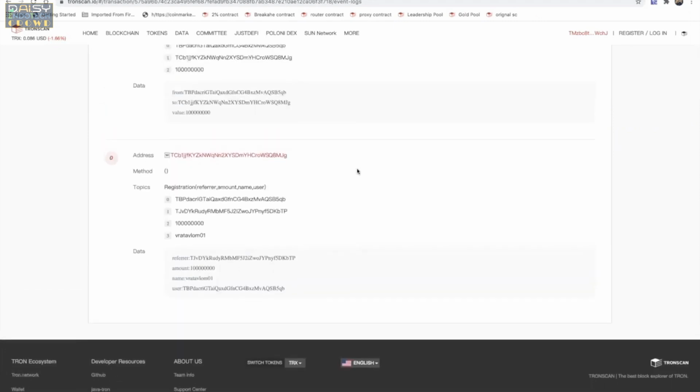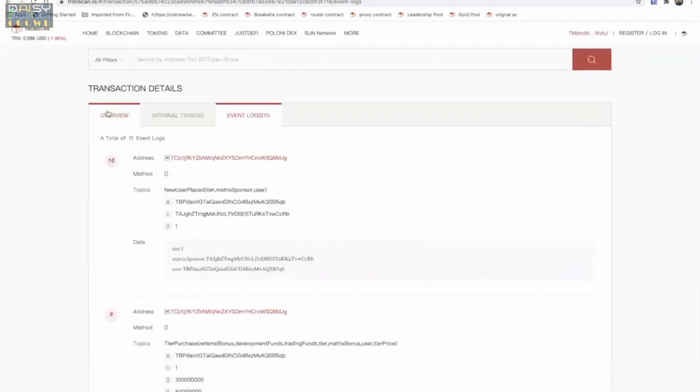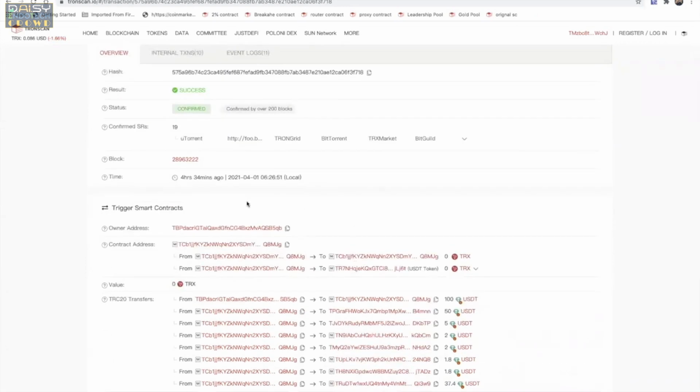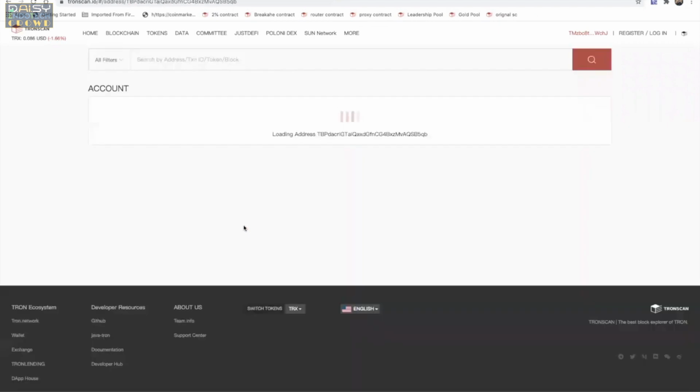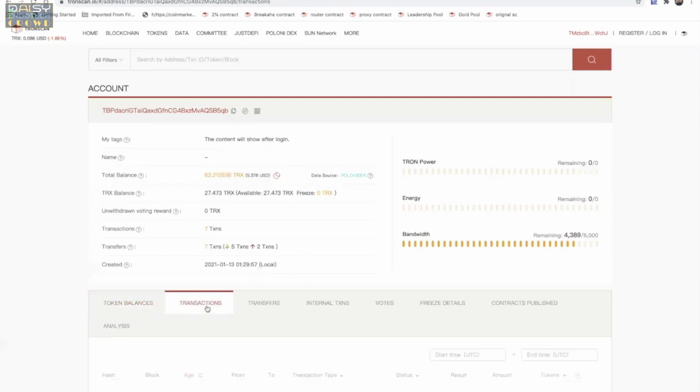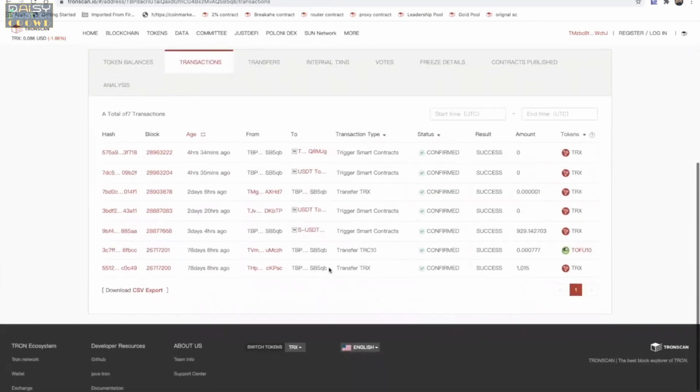What about the matrix? Now what we're going to do is go back to this main page on this transaction, and go to the wallet of this member that enrolled. We're going to find this transaction in their wallet. It's going to be the first transaction to our smart contract because they registered, which happened right here.